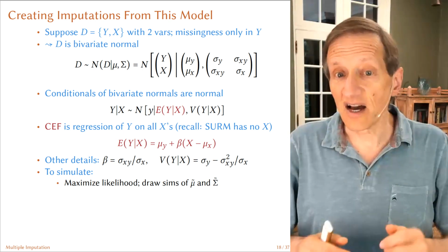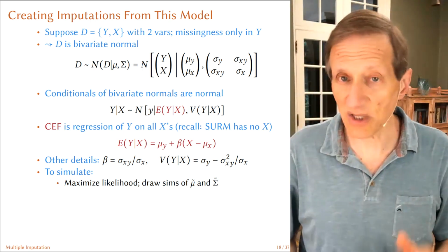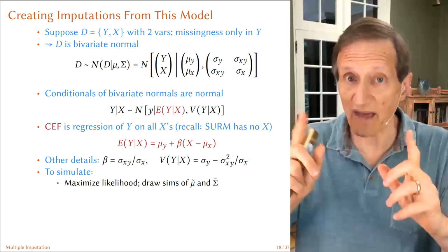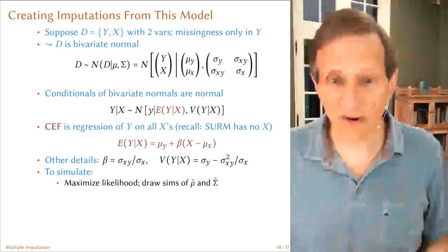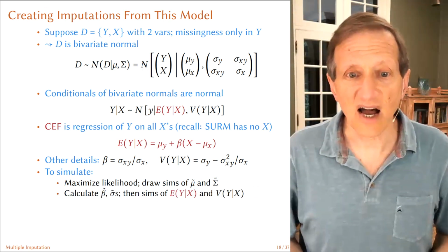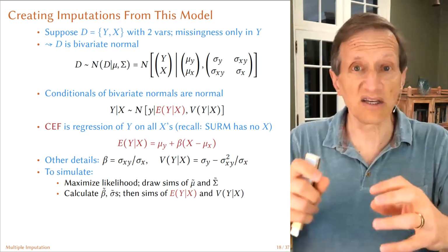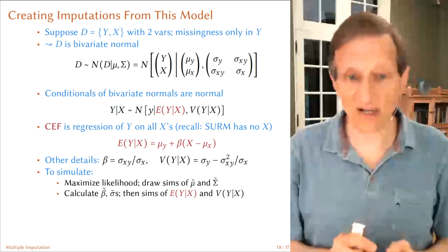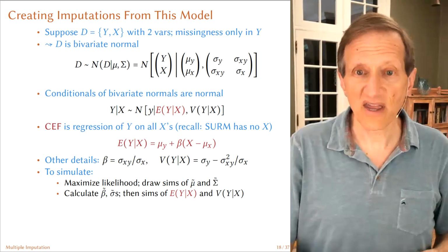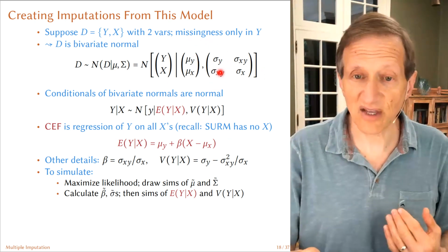We then, for the moment, assume multivariate normality by the central limit theorem. We take random samples from these. We're going to improve that, by the way, but we take random samples from these, and those are our simulations of mu and sigma. Then we will calculate deterministically the beta simulations and the sigma simulations, using the point estimates and simulations from up over here.